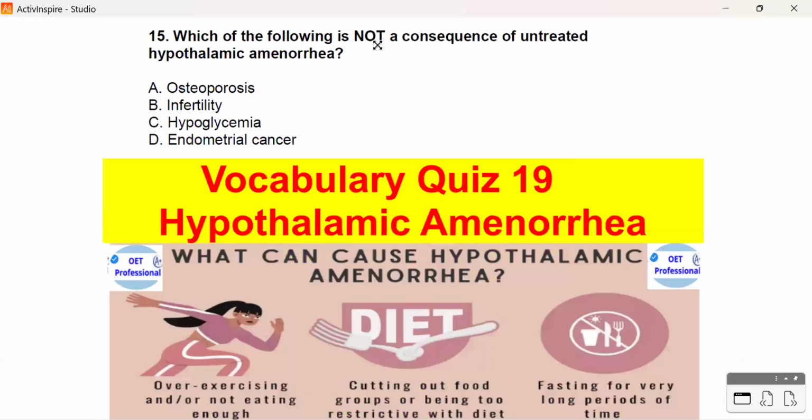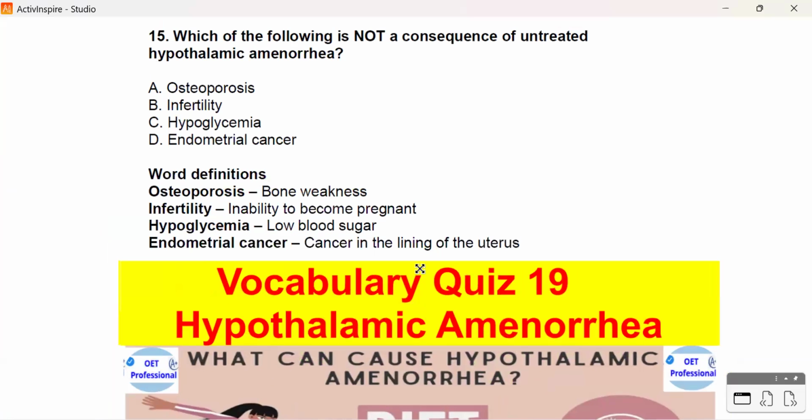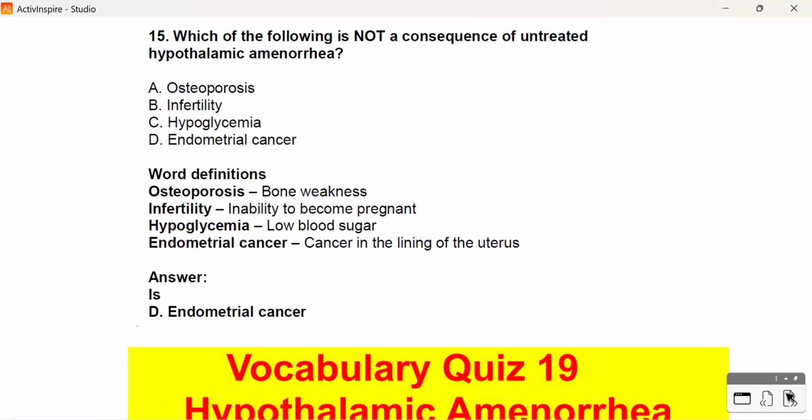Which of the following is not a consequence of untreated hypothalamic amenorrhea? Osteoporosis, infertility, hypoglycemia, endometrial cancer. The correct answer is endometrial cancer.